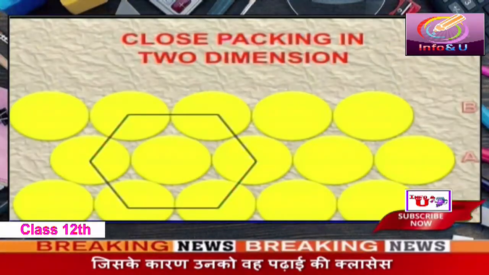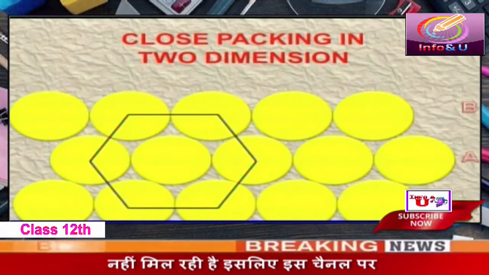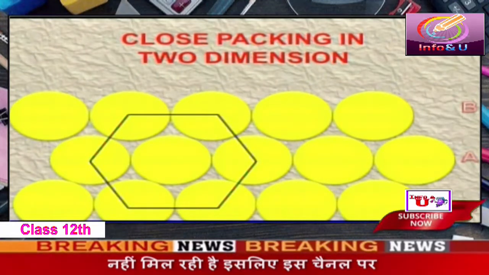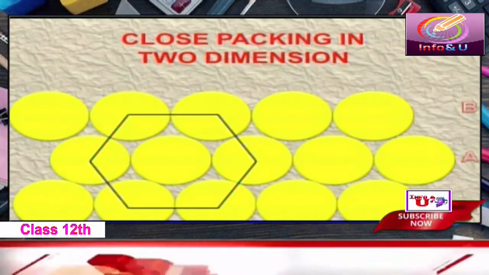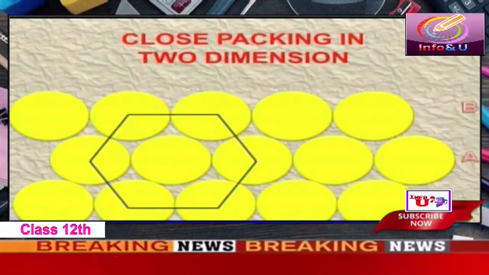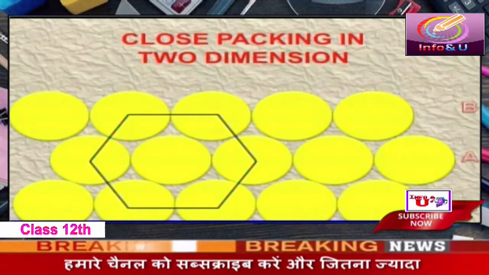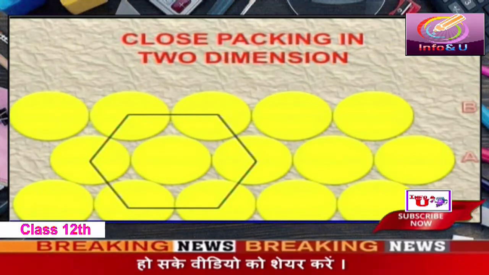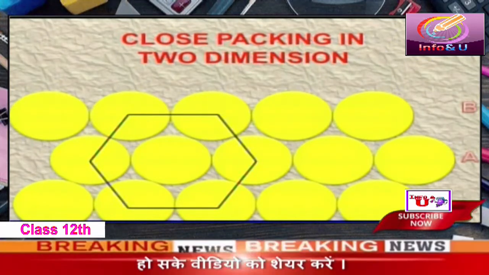Two dimensions means length and breadth. Just see the picture. You can see the balls of the A layer in the grooves of the B layer. A hexagon is formed when I join the centers of the touching spheres. So it is known as hexagonal close packing.